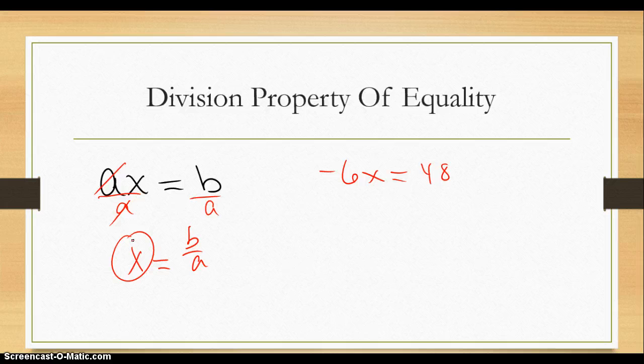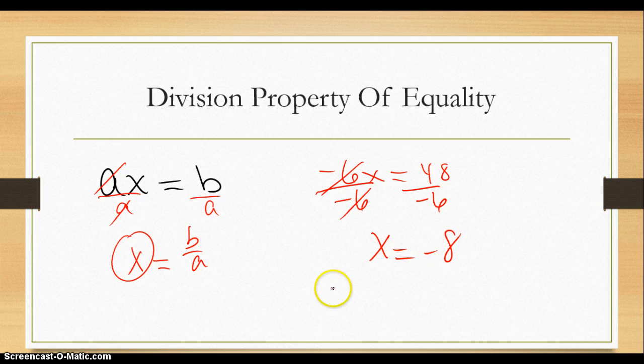No matter if we're using addition, subtraction, or multiplication, we always have to double check that our x, when it is alone, is positive. So we have negative 6x equals 48. I'm going to divide by 6 on both sides because I'm doing the division property, since this is really negative 6 times x. So x equals negative 8. To check it again, negative 6 times negative 8 does equal 48.